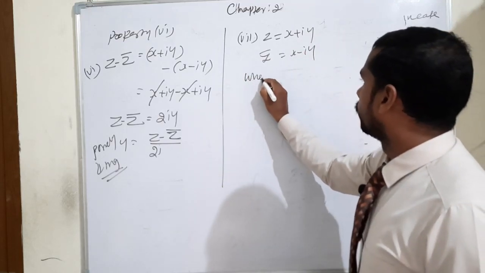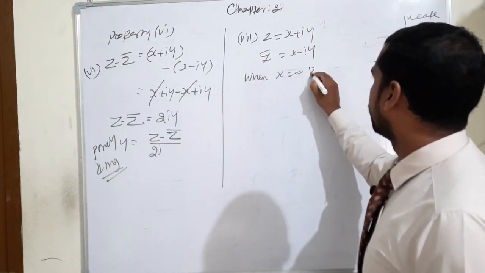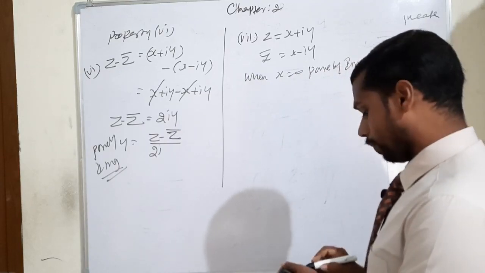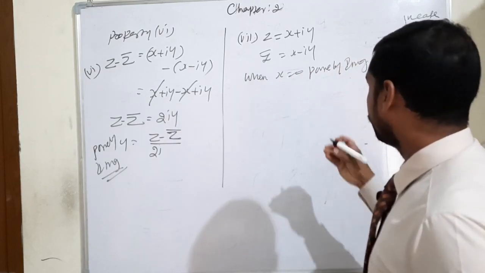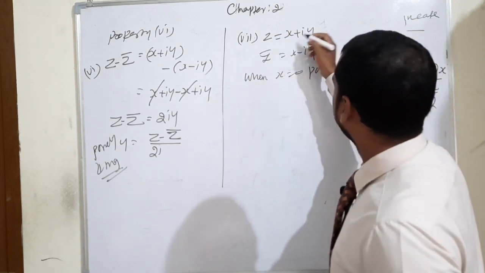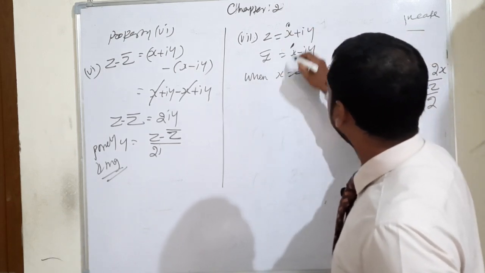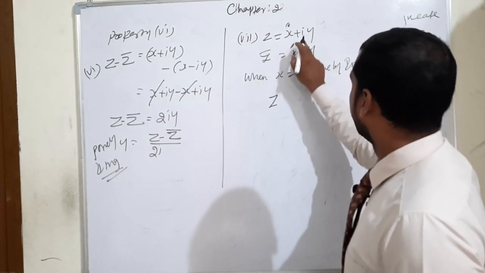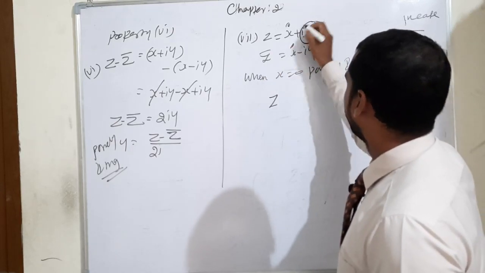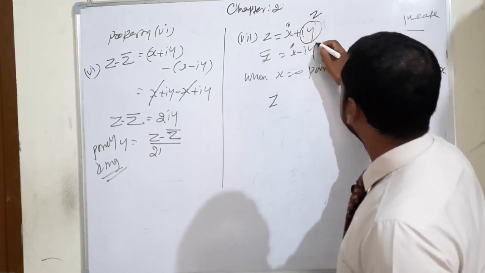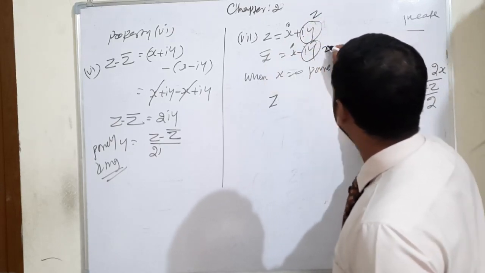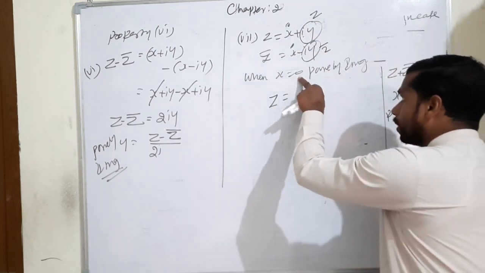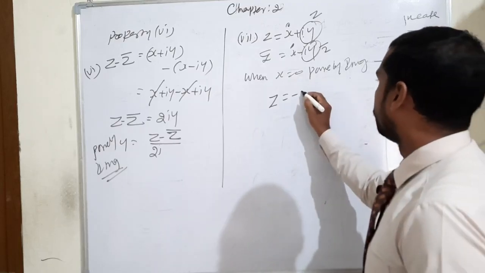When x is equal to 0, it is purely imaginary, so Z is equal to iy and Z bar is equal to minus iy, which means Z is equal to minus Z bar.